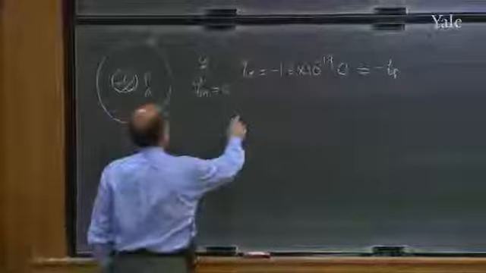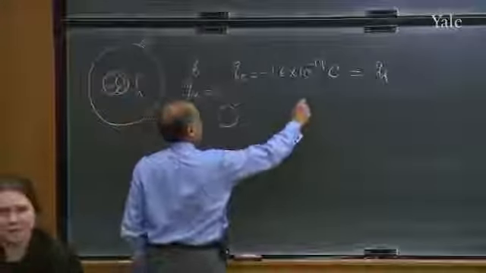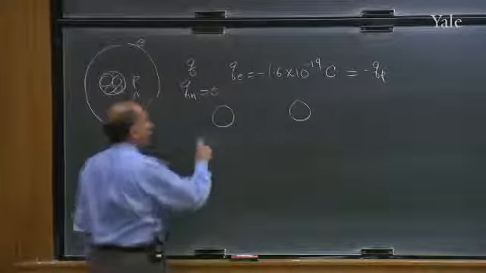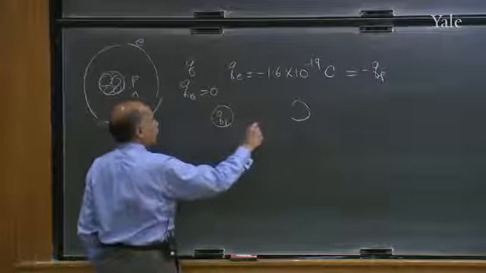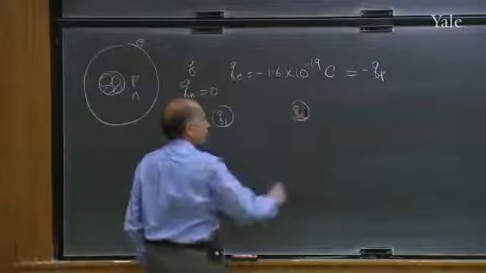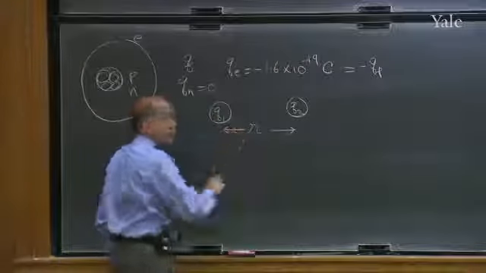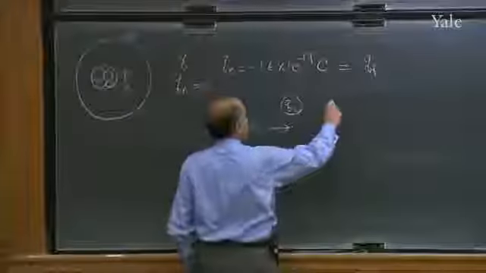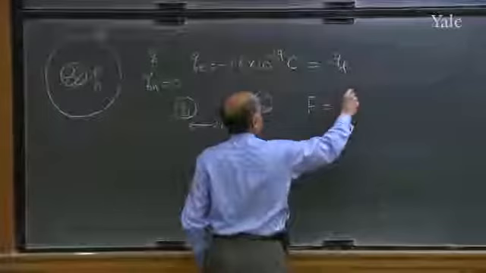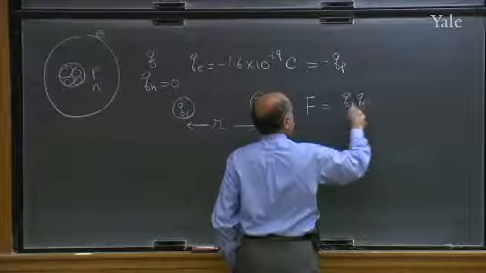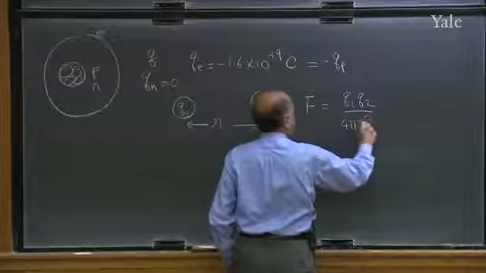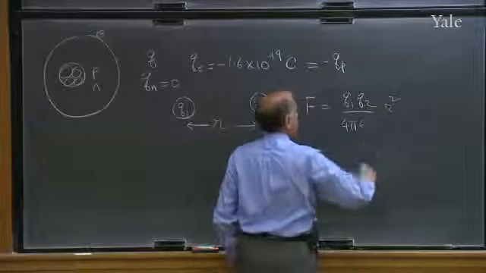So that if you have two entities, and this one has a charge of Q1 coulombs, that one has a charge of Q2 coulombs, and the distance between them is R, then the force is Q1 Q2 over 4 pi epsilon 0 R square.